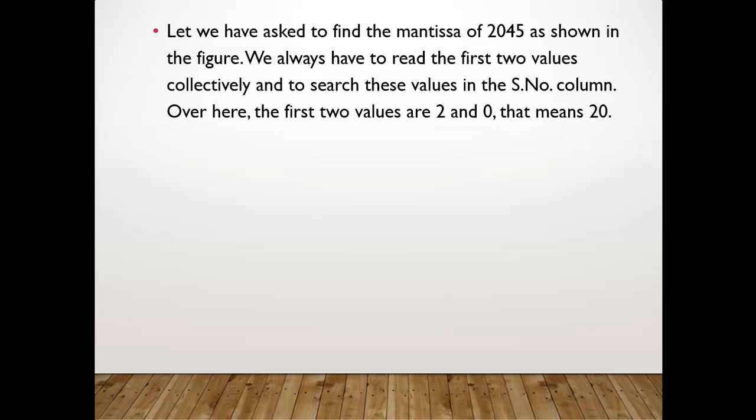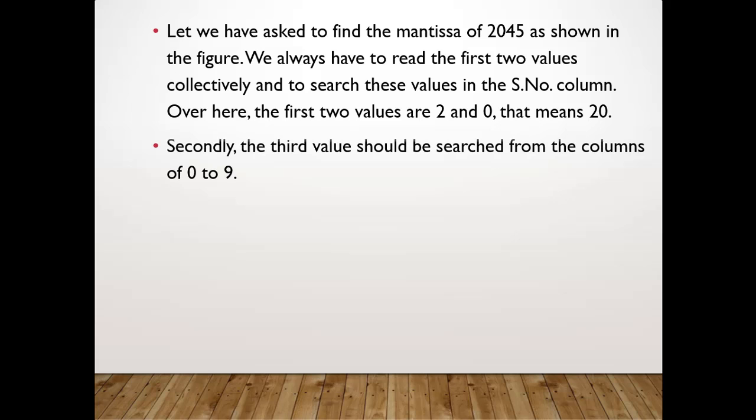Number 1, let's say we have been asked to find out the mantissa of 2045 as shown in the figure. We always have to write the first two values collectively and search these values in the serial number column. Over here the first two values are 20, that means 20. Number 2, secondly, the third value should be searched from the columns of 0 to 9.